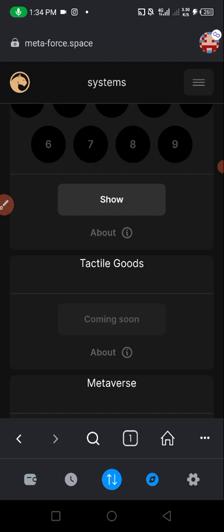But you decide one day you want to convert your digital goods to a physical product. MetaForce will convert it for you into a physical product and possibly deliver it to your address. But the disadvantage is that the commission you'll be getting while you are holding that tactile goods, you will not get it again till you purchase another tactile goods.